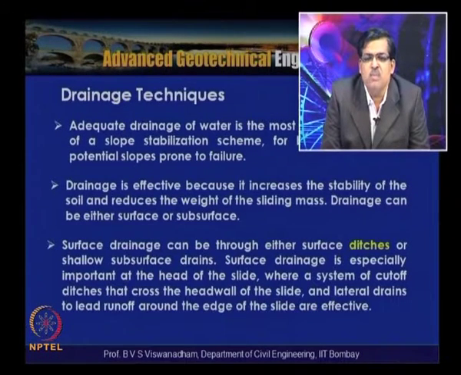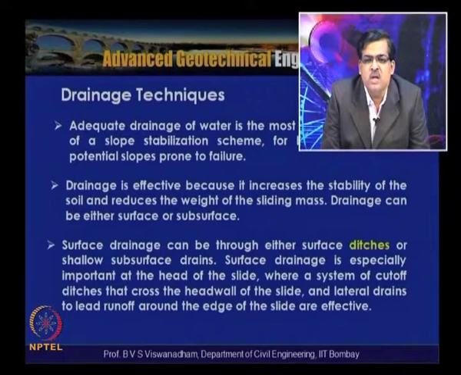Surface drainage is especially important at the head of the slide, basically so that the water is diverted, with a system of cut-off ditches that cross the head wall of the slide, and lateral drains to lead the runoff around the edge of the slide; basically they are effective. So the drainage techniques are basically of two types, surface drainage and subsurface drainage.